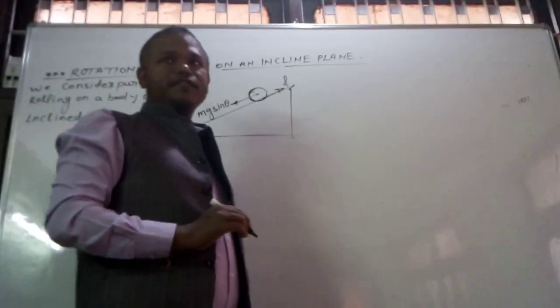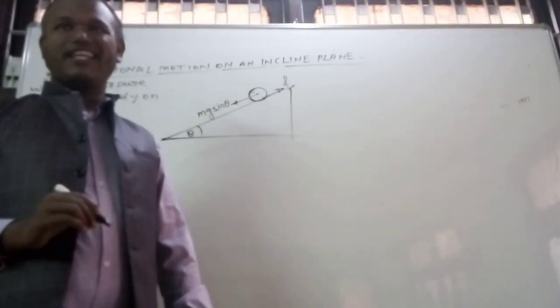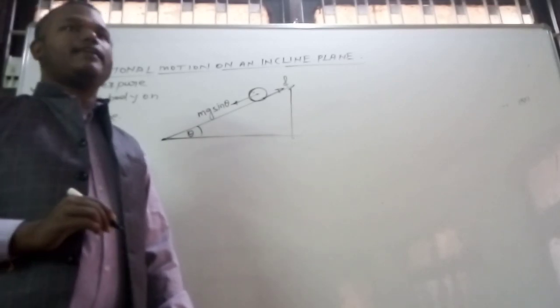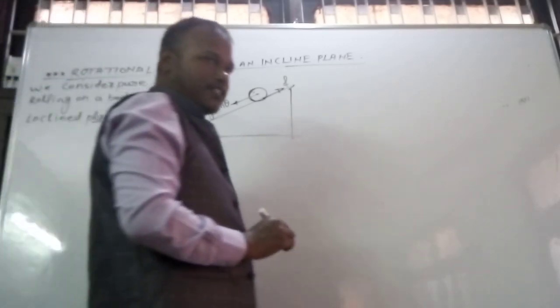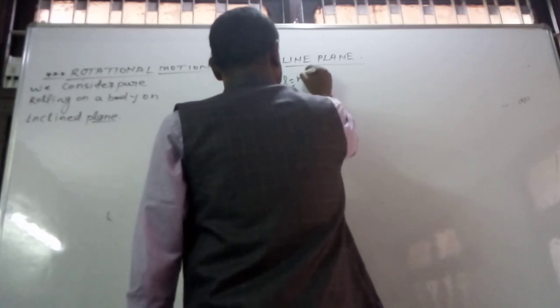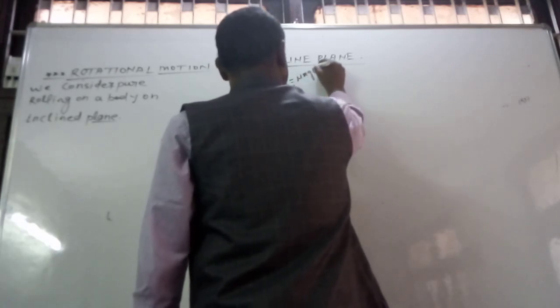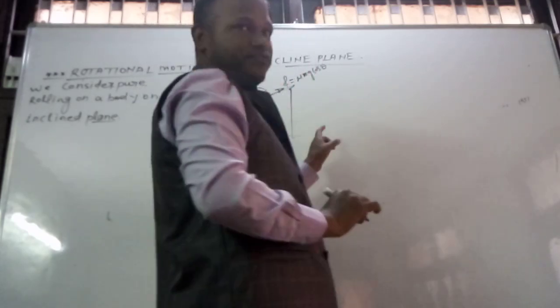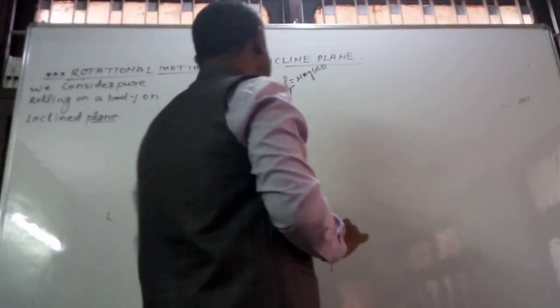The rolling coefficient of friction is generally lesser than the kinetic and static coefficients of friction. So this force will be equal to mu mg cos theta, or F. Consider the frictional force acting on the surface as F.